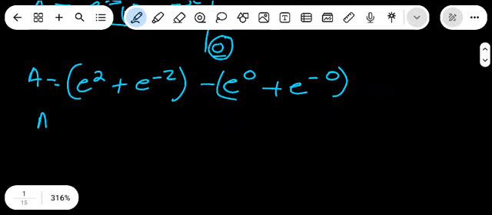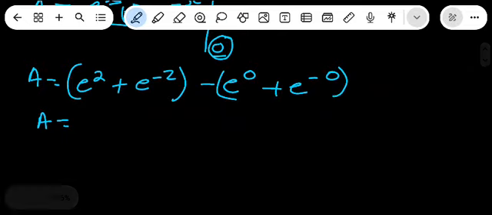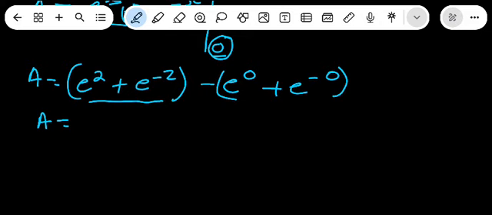Then what will be the area there? You simply punch this on the calculator. Let's check what will be the area.